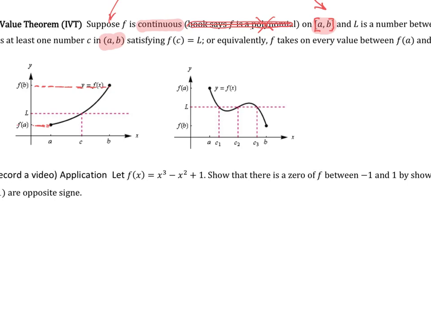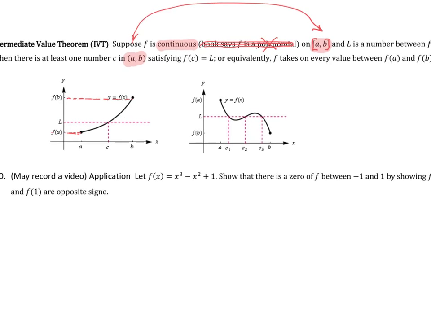The theorem says there is at least one. In the previous example, there's only one c. But here, for this L value, you see there are three different values between a and b, so the function value at these three x values takes this L value. That's what the intermediate value theorem says.